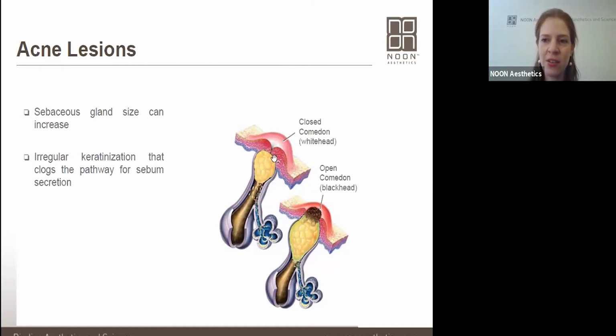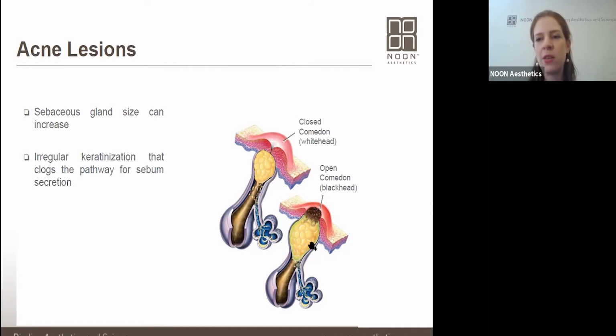It clogs here and can't go out, as happens naturally. So this is a comedone. We see the sebum is stuck and it can't go out. This is what we call a whitehead. The next one underneath, we call a blackhead.